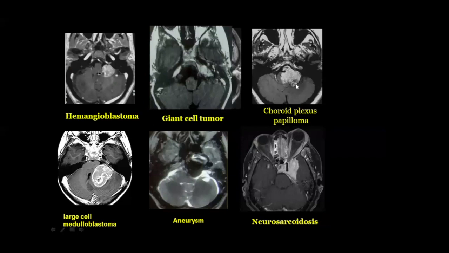Giant cell tumor, choroid plexus papilloma going into the lateral recess like this. The rare variant of the lateral medulloblastomas, the aneurysms, the neurosarcoidosis.